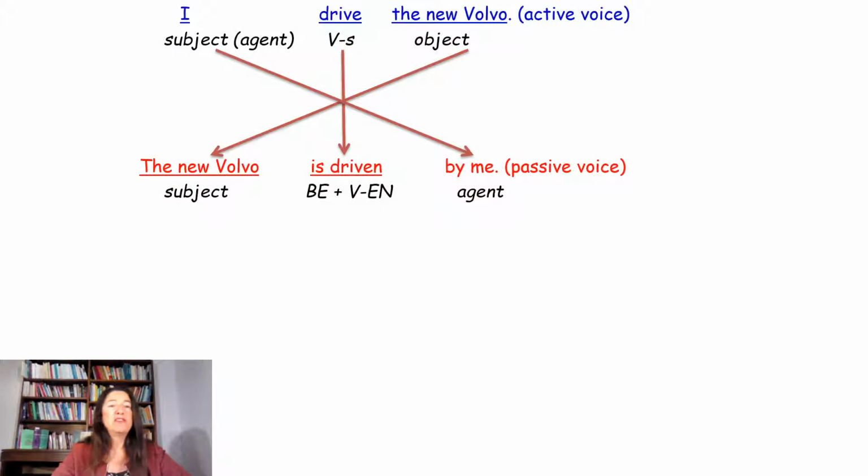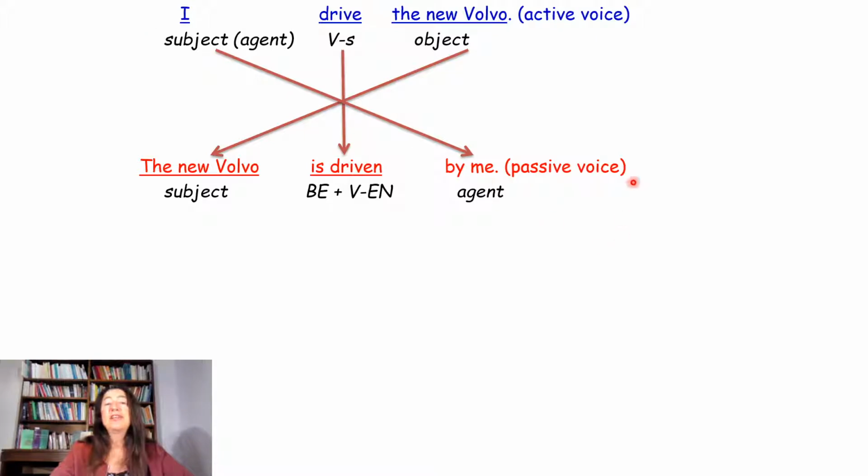So a quick reminder here, the active voice is composed of a subject and then the verb in the active voice and the object that becomes the subject of the passive voice, and then the verb is in the passive voice as well, so using the formula B plus VEN on top of the operators that were used in the active voice sentence for the verb, and then the agent is introduced by and obviously corresponds to the subject here.